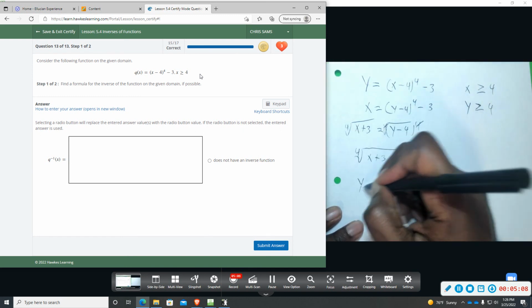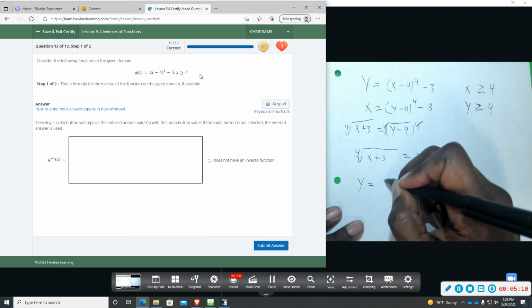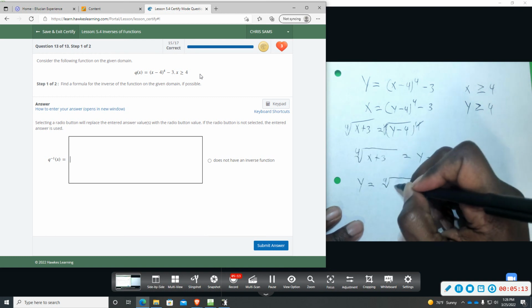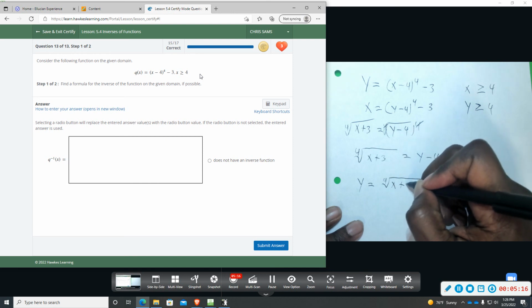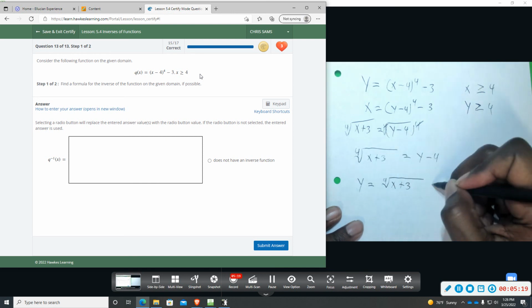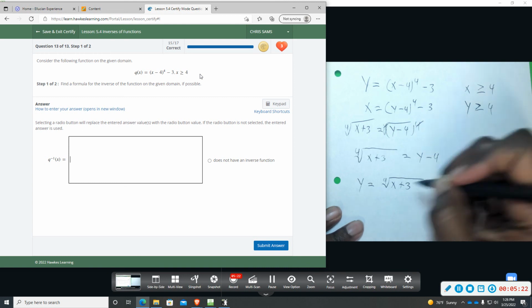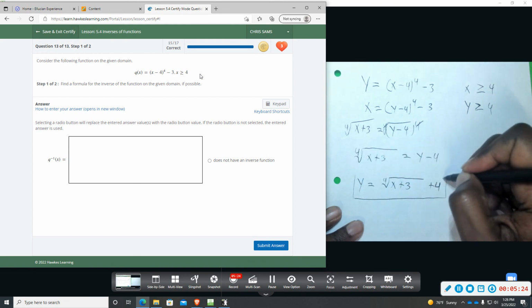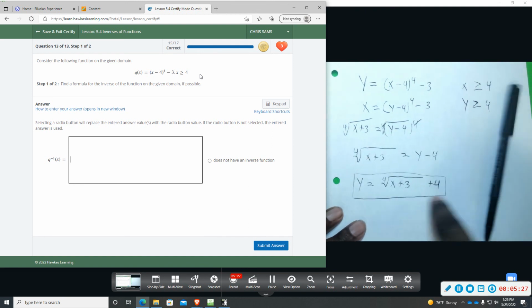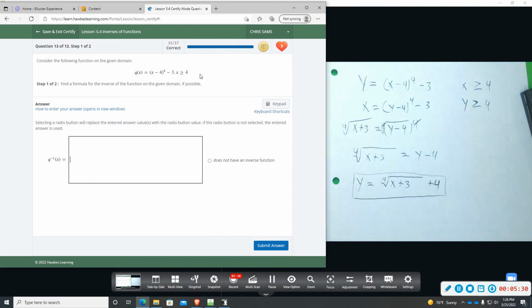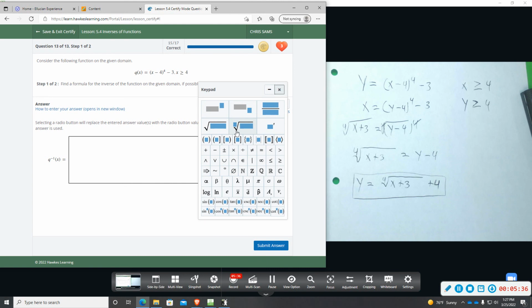So at the end of the day, we have y equals the 4th root of x plus 3, and then plus 4. So this will be our new inverse function. Our 4th root of x plus 3, then arrow out, plus 4.